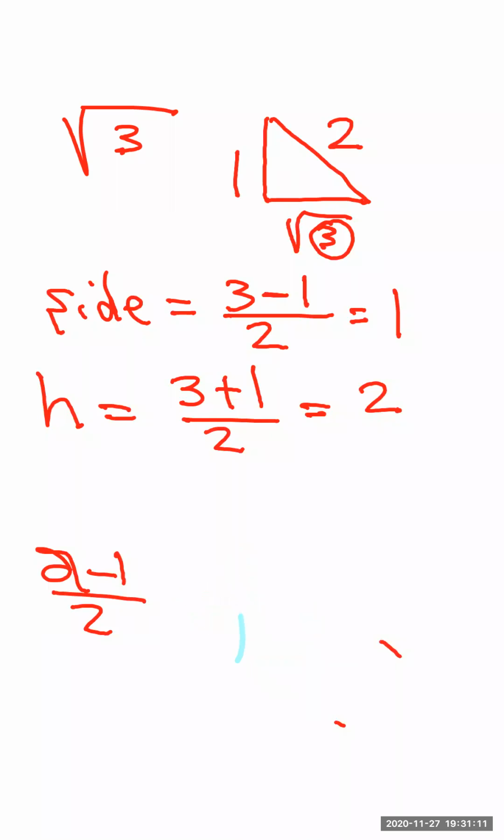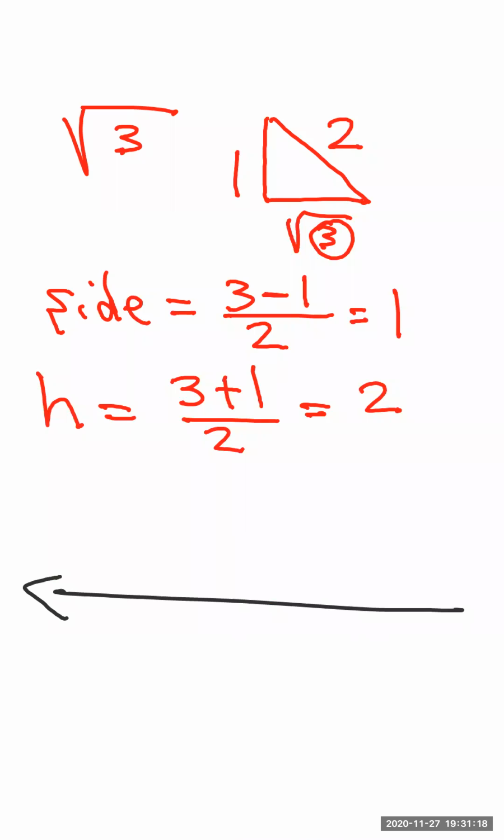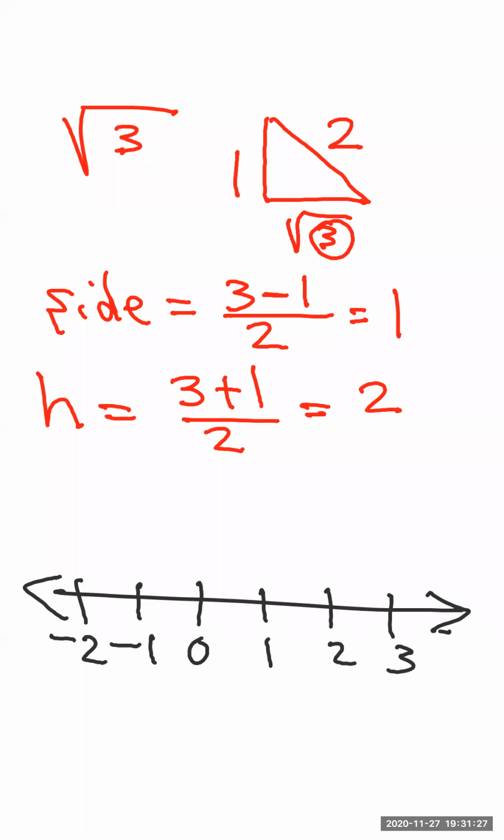Now I want to represent square root of 3. Draw the number line like this. This point is 0, 1, 2, 3, negative 1, negative 2. Then this is the square root of 3. Now, what is the height of this triangle, or the side? It's 1. So draw a perpendicular line whose length is 1 at the point 0.